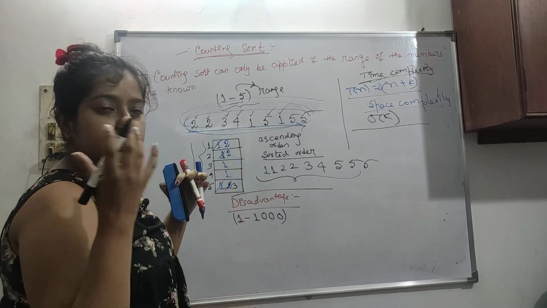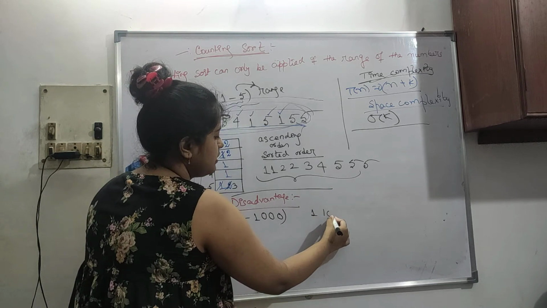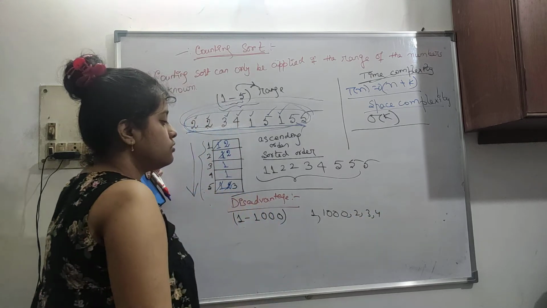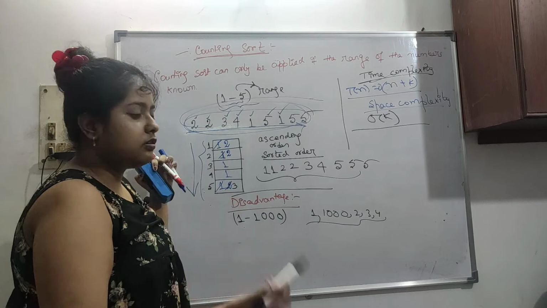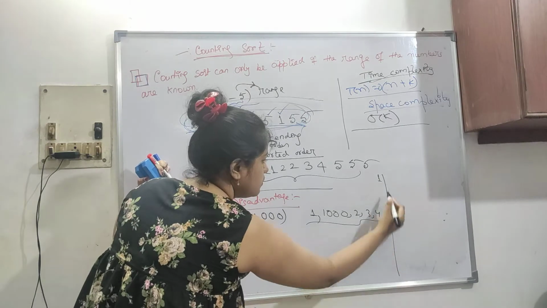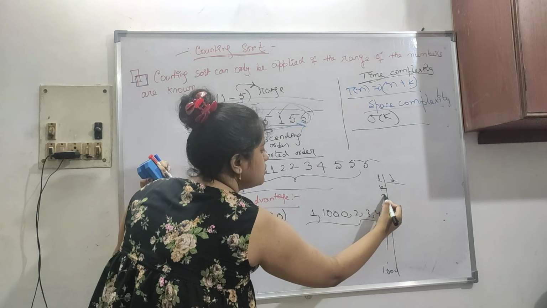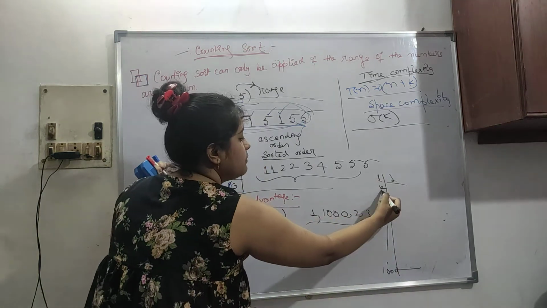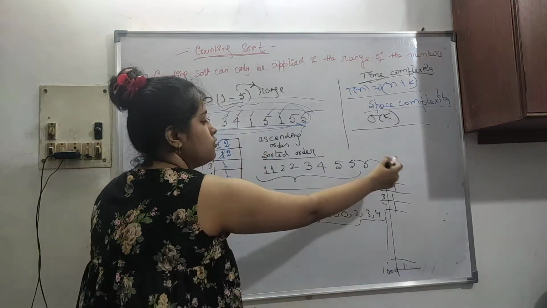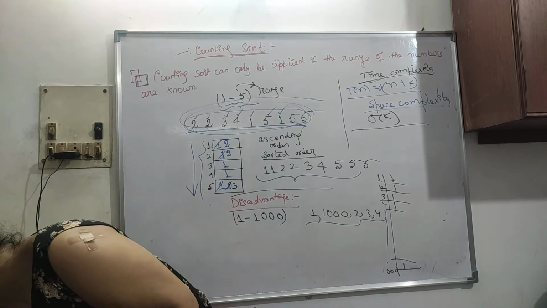But if we are getting a sequence like 1, then 1000, then let's say 2, 3, 4, something, this will be a wastage of a lot of space, because there are 1000 cells. So we will put 1, 2, 3, 4, 1000. So 1 will be there, 2 will be there, 3, then 4, and 1000. So much of space is wasted. So this is a big disadvantage of this algorithm.